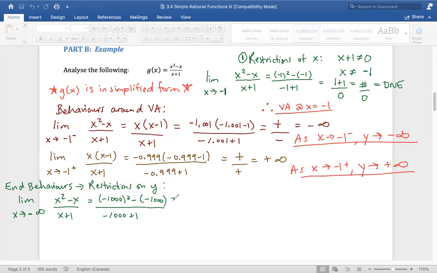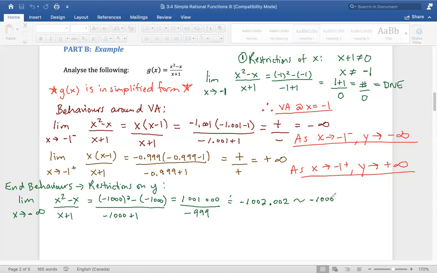Let you guys work ahead of me here. Pause it if you're watching it on your own. I have 1,001,000 over -999. Make sure I don't mess those two up. I'm looking at the right one, negative infinity, yes. So I have a value that's approximately -1,002.002, which means that it's very close to -1,000, right?